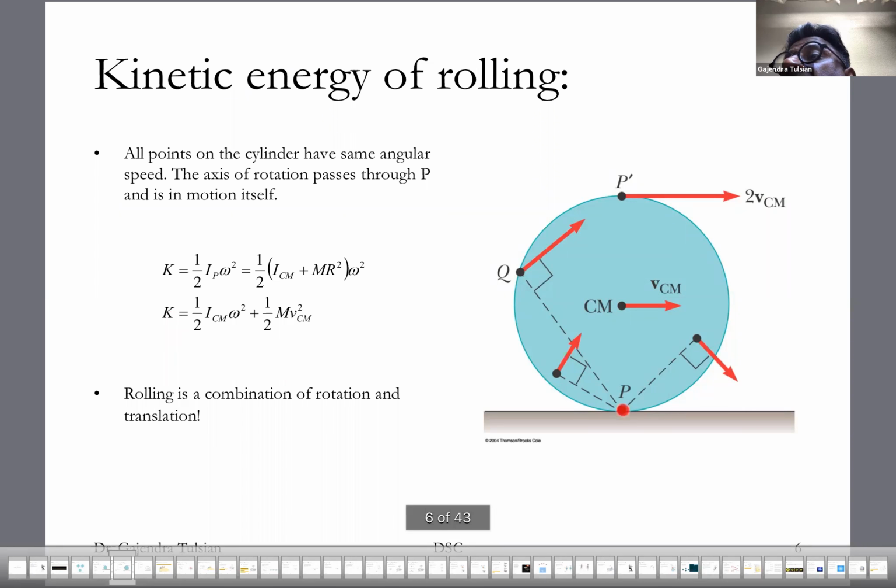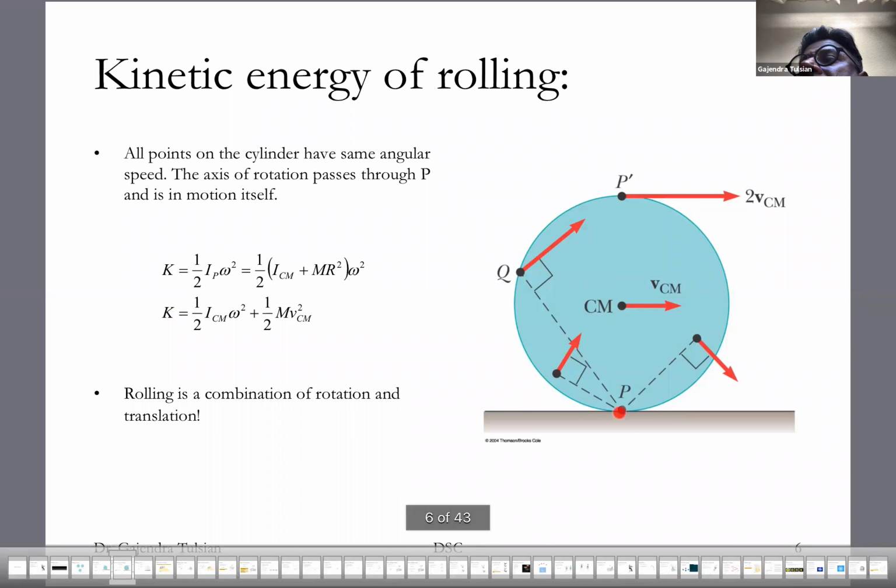Here's a snapshot as the wheel is rolling. This point is moving the fastest, this point is moving in that direction, this point is moving like that. The kinetic energy of this entire wheel is the kinetic energy of this piece plus this piece and all. So the kinetic energy is written in terms of the moment of inertia about this axis times the angular velocity squared.